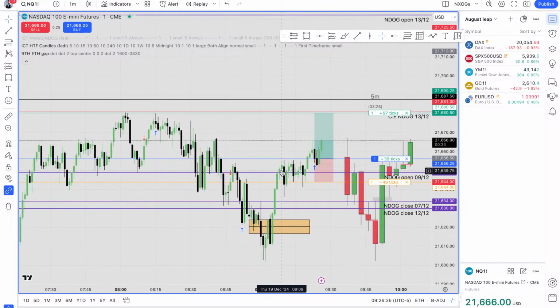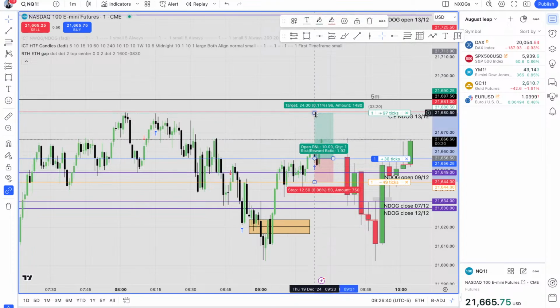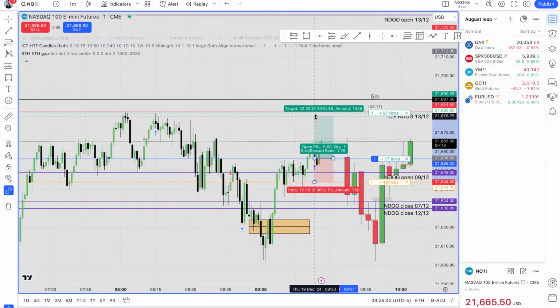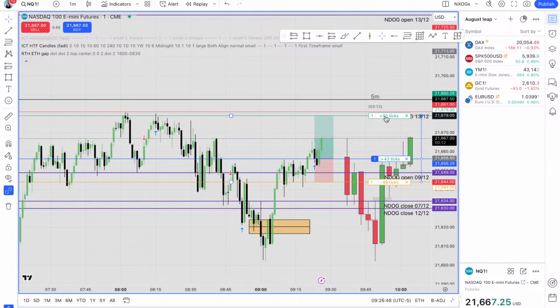I always tend to put it a little bit below the actual liquidity because sometimes it creates equal lows. So I just want to avoid the spread also.